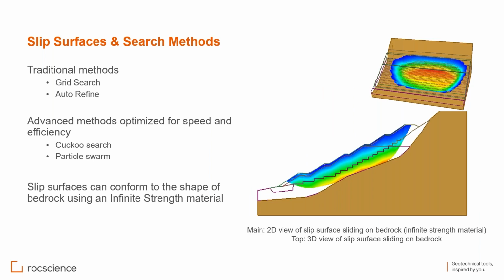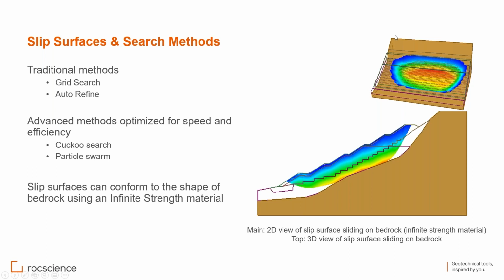The search method in 3D is very important because it has to go all over your 3D geometry to find the critical slip surface. The traditional methods that we don't normally use are grid search and auto refine. And the default methods in the software are metaheuristic methods, which are very strong methods in 2D and 3D. We have them in both Slide2 and Slide3, including cuckoo search and particle swarm.